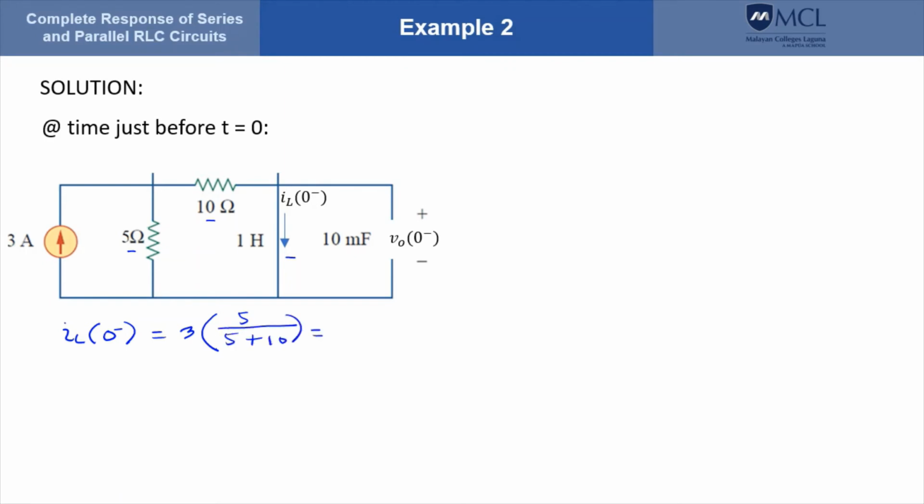Okay, and that will give us 1 ampere in the downward direction. We can also compute for the voltage V naught, the voltage across the capacitor. That will be zero because it is parallel to the inductor, which right now acts like a short circuit.